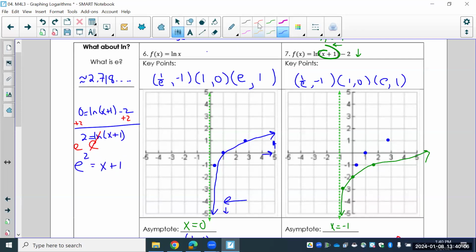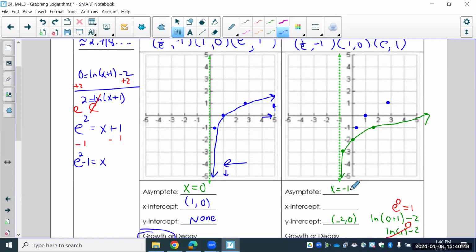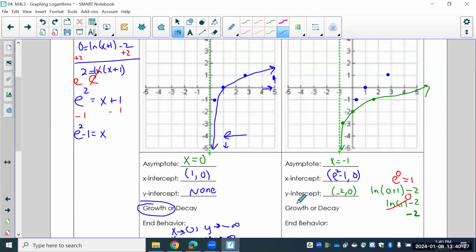Then you just subtract 1 on both sides. And yeah, your answer is a weird, believe it or not, common answer when you get to higher level math, physics, financial equations. You get answers like e squared minus 1. And I'll show you in a minute on Desmos that that is in fact the x-intercept way over here. This is still growth. Nothing reflected it to make it decay.